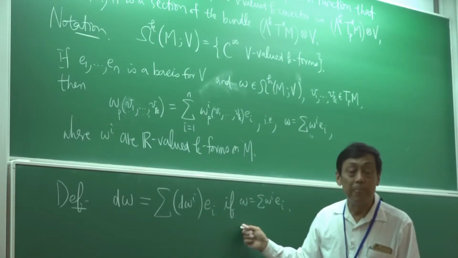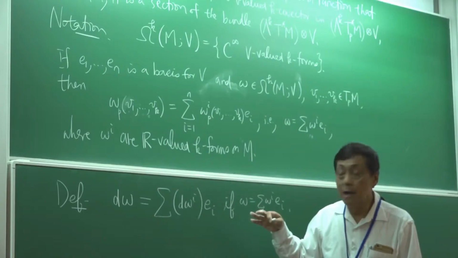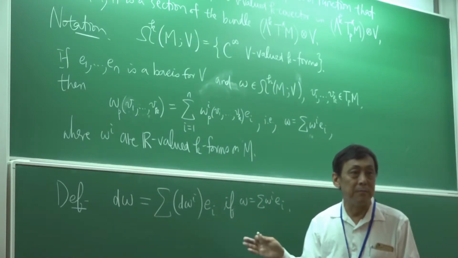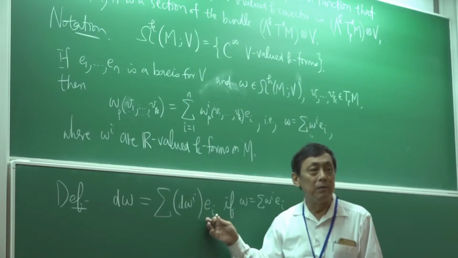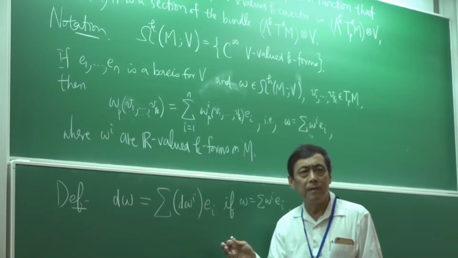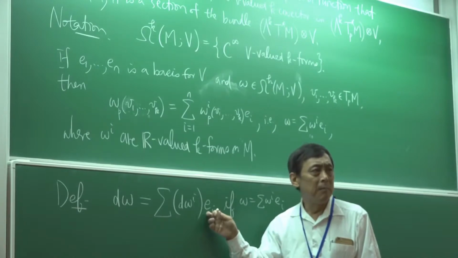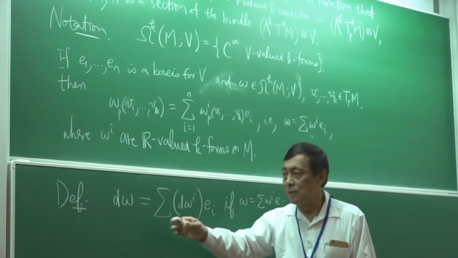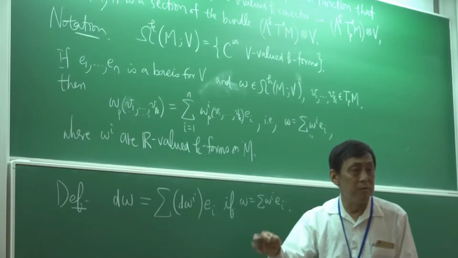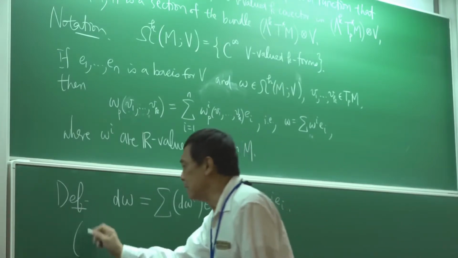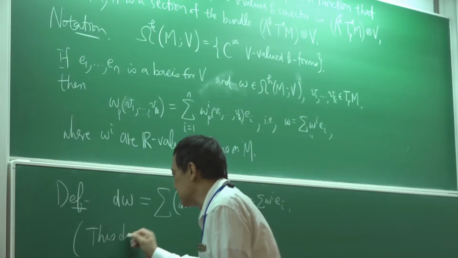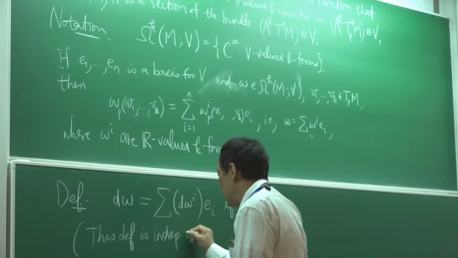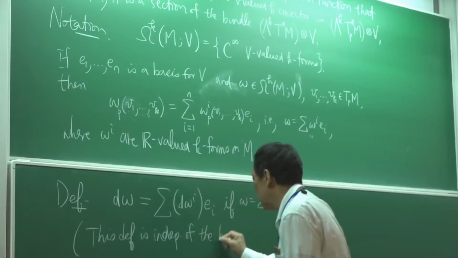Now, it's very easy to show that this is independent of the basis. If you choose a different basis, it differs from this one by a linear combination with constant coefficients, so the d with respect to the new basis is the same. So this definition is independent of the basis.